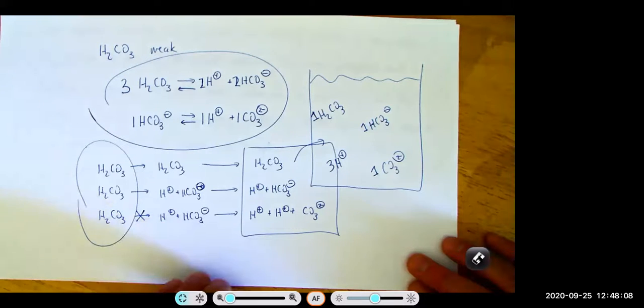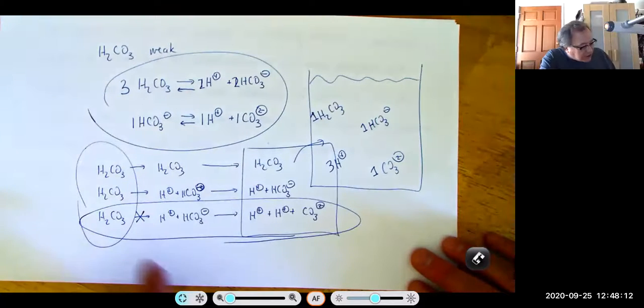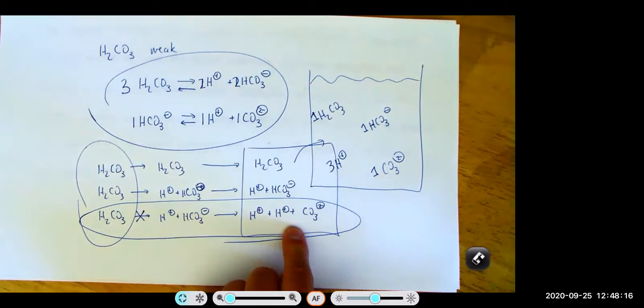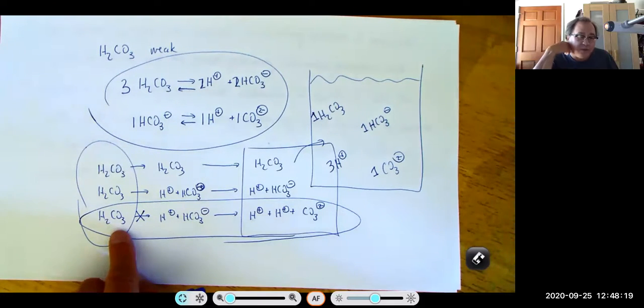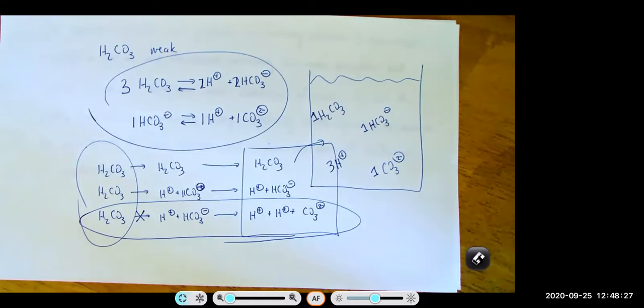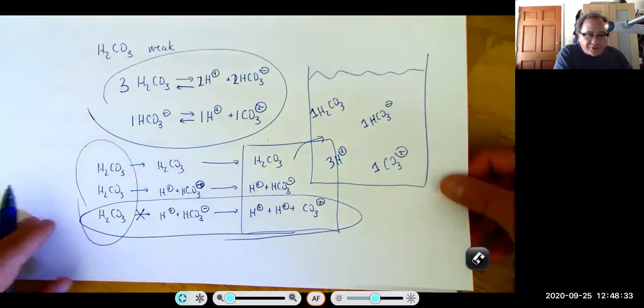So you see, this has to go through 2 losses, right? Right. What if this was a really, really weak acid and it didn't like to lose its hydrogens at all? What would that do to the number of hydrogens in the container? Would it decrease it down to just 1? It'd decrease it. That's right. Okay. So weak acids have fewer hydrogens in the container.